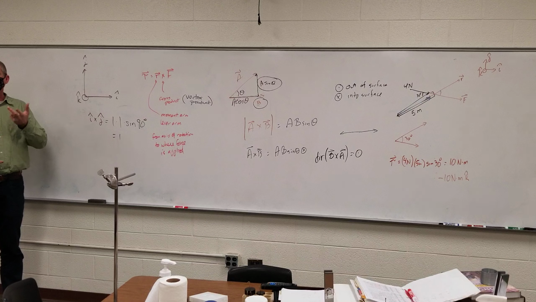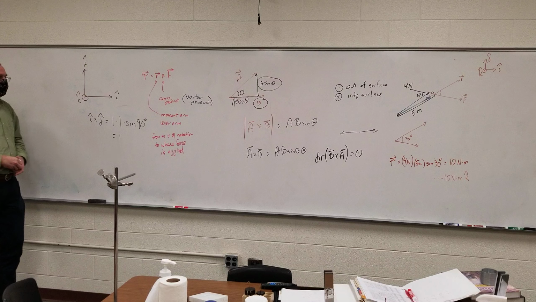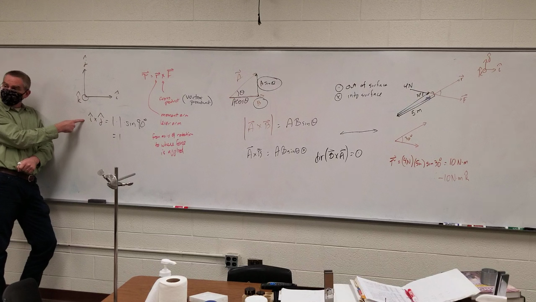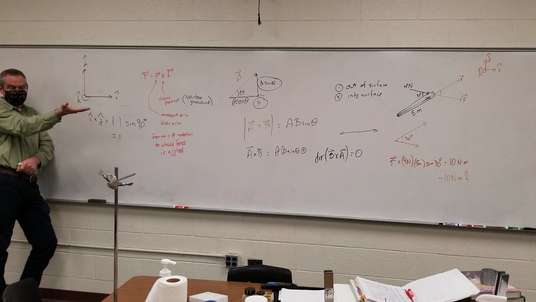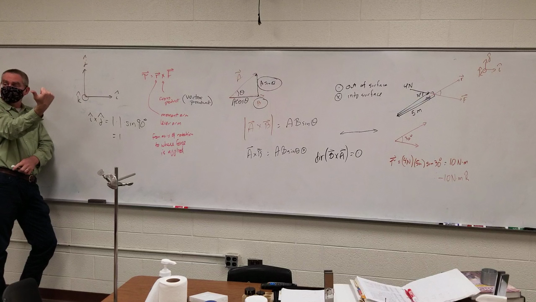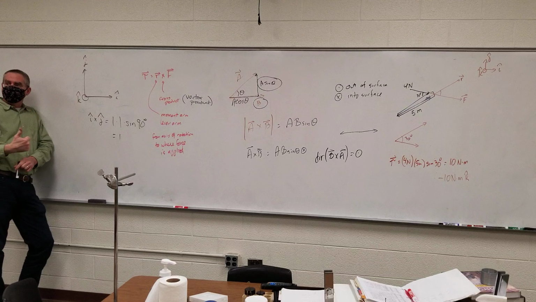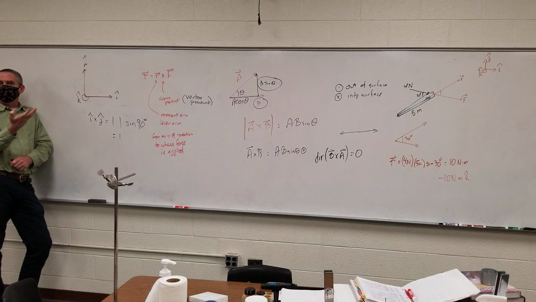Now it comes back to what is the direction. Brooke has ventured that it's into the board. Wouldn't it be away from us, if i hat is first, we're moving towards j hat? Yeah. Since i comes first, finger bends towards j, thumb points out. Okay, that makes sense. Now, this is a tool for trying to do this.